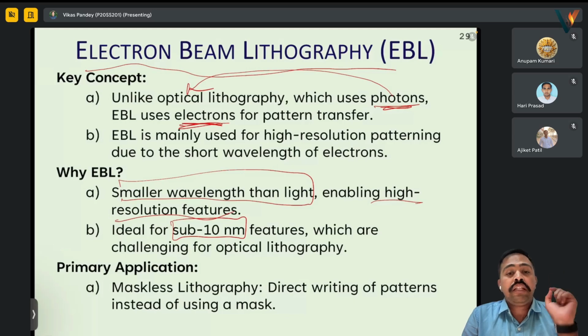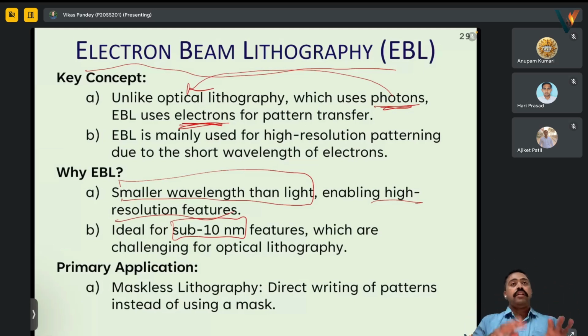It is a direct writing instead of a mask. It is a maskless lithography, very similar to a laser writer, where it is software controlled instead of using a physical mask. Making a physical mask that stops electrons in some part and allows them in some part is quite difficult. So it is a maskless lithography.